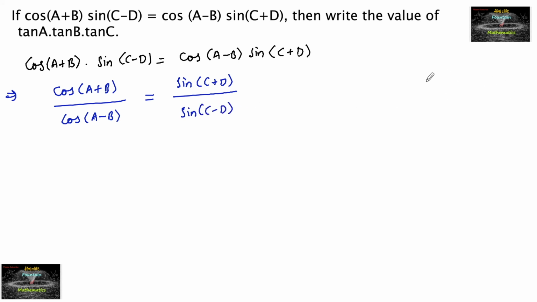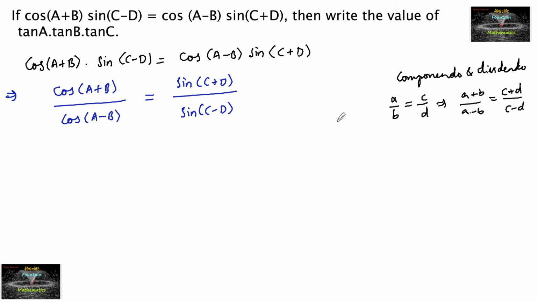And then let us apply the componendo and dividendo property, which states that if a by b is equal to c by d, which implies that (a + b) by (a - b) is equal to (c + d) by (c - d).